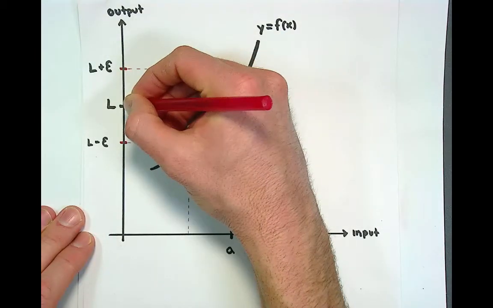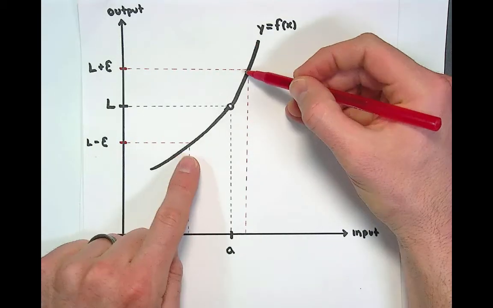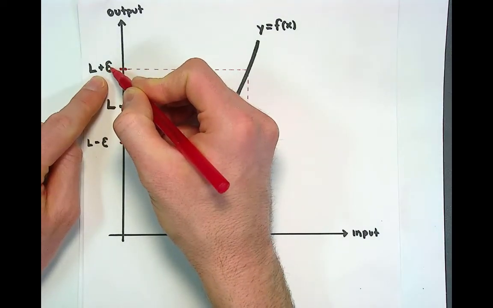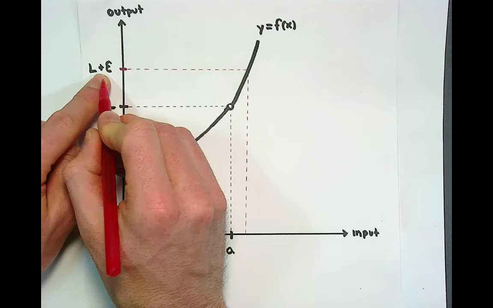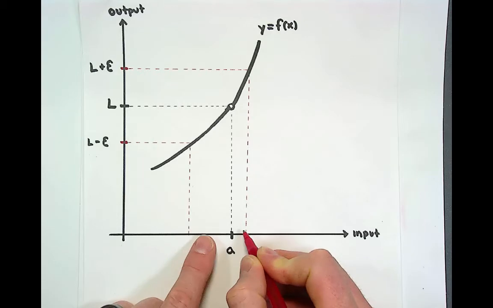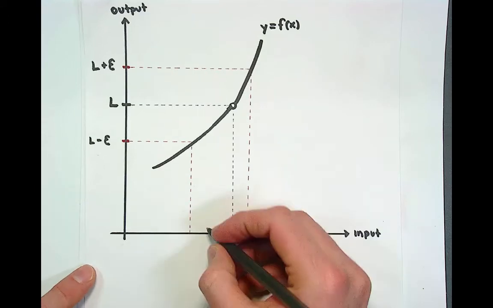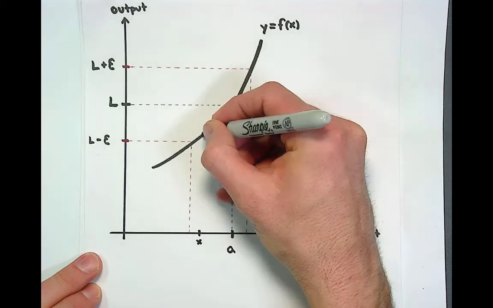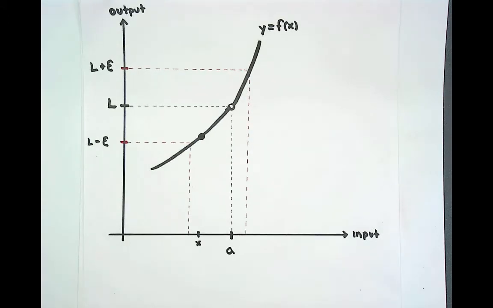Basically just choose some distance on the top and the bottom of L. And the claim is, no matter what this distance is, even if this distance was like 10 to the negative 10 million, really small, if I can force some interval in the domain space such that as long as my x value is within that interval, then I'm guaranteed that my f of x is within this distance. That's what a limit is.